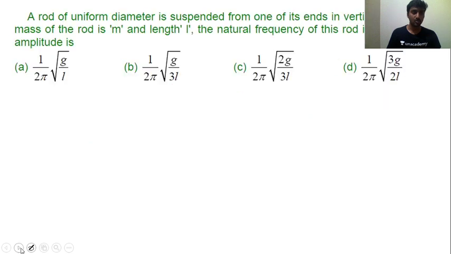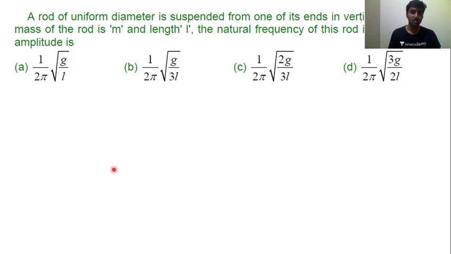Yes, next question to you. In this question, a rod of uniform diameter is suspended from one of its ends in a vertical plane. The mass of the rod is m and length L. The natural frequency of the rod in hertz for small amplitude is?